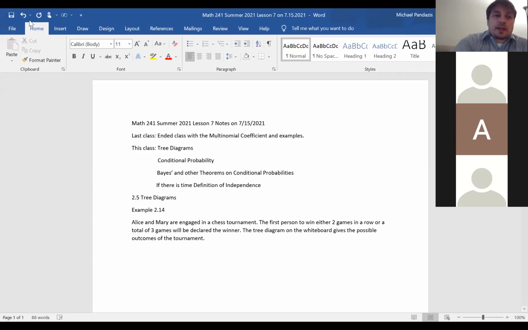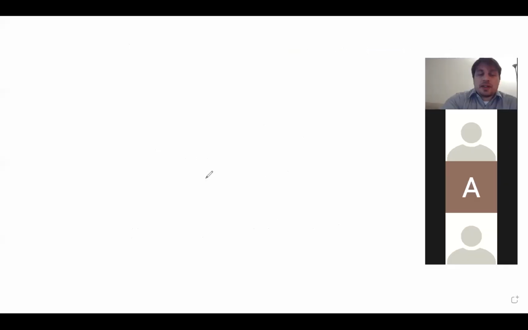So I'm going to draw the tree diagram for you. Alice and Mary are engaged in a chess tournament. The first person to win either 2 games in a row or a total of 3 games will be declared the winner. And so we want to express the outcomes of this tournament using what's called a tree diagram.